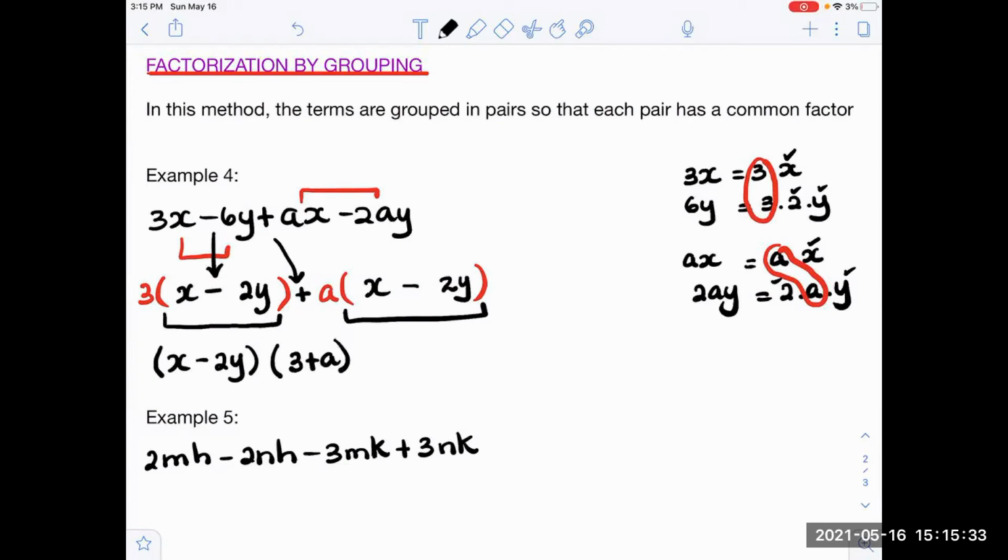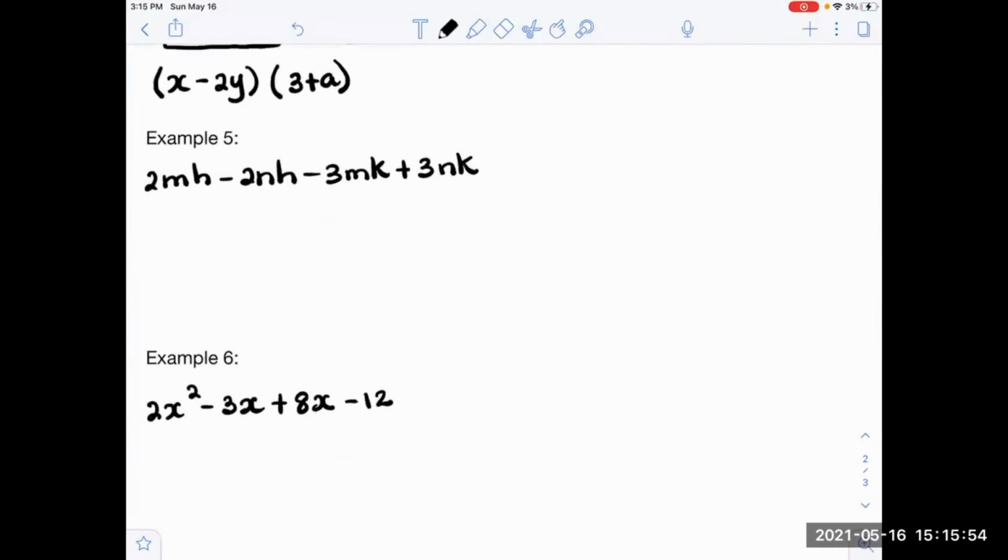It doesn't matter the order in which we multiply the terms, our answer will still be the same. In our next example, we have 2mh.